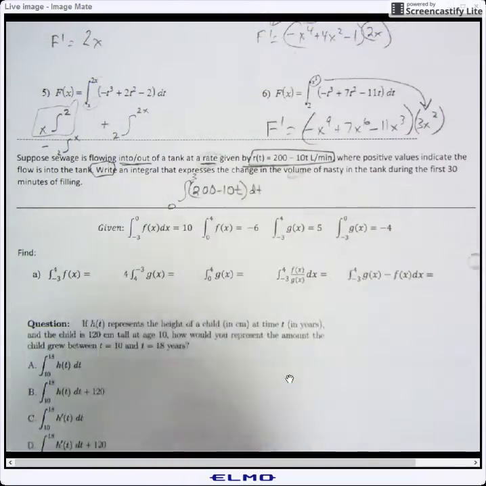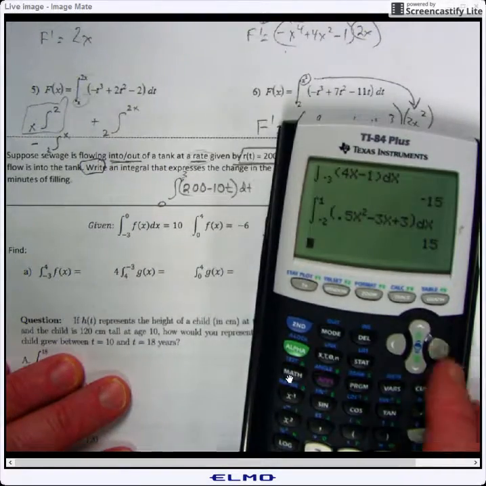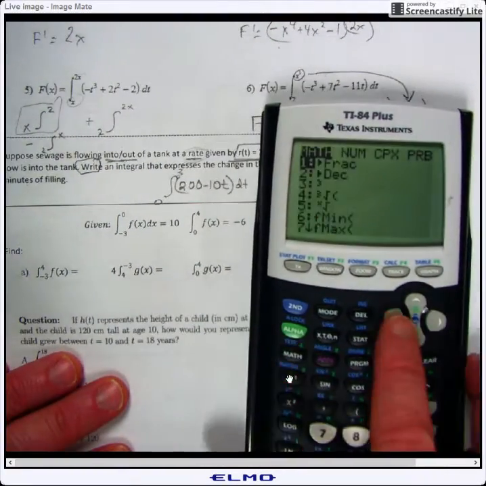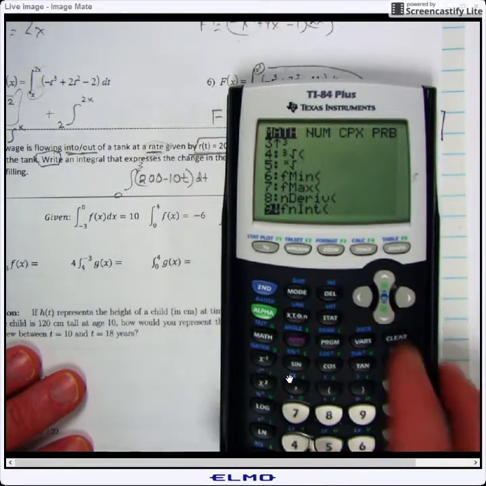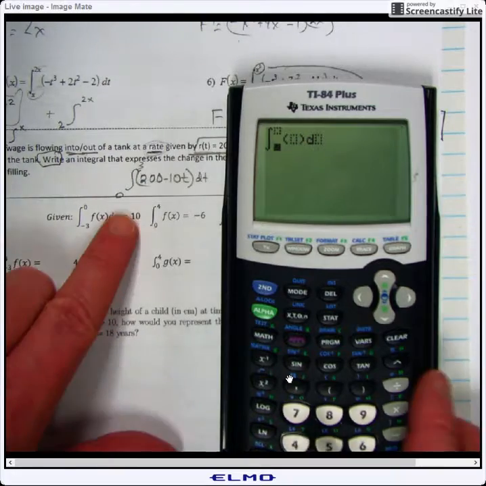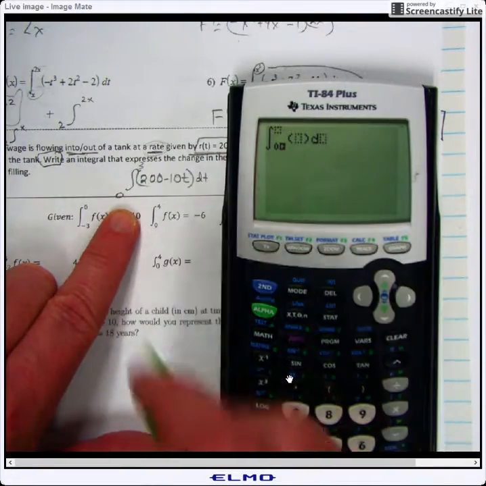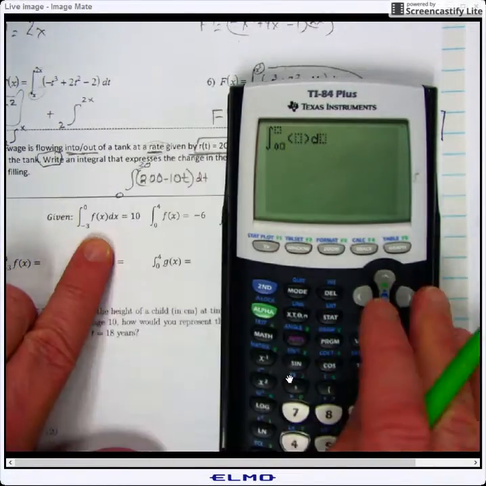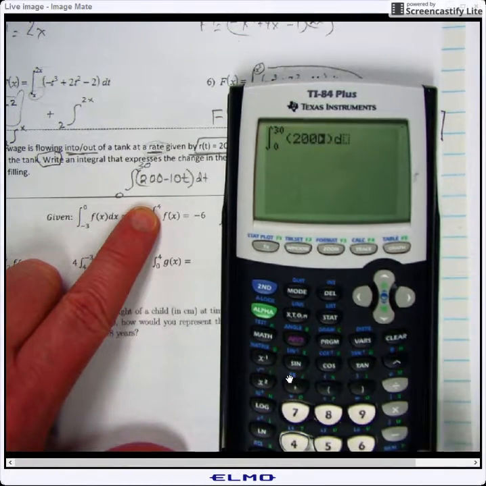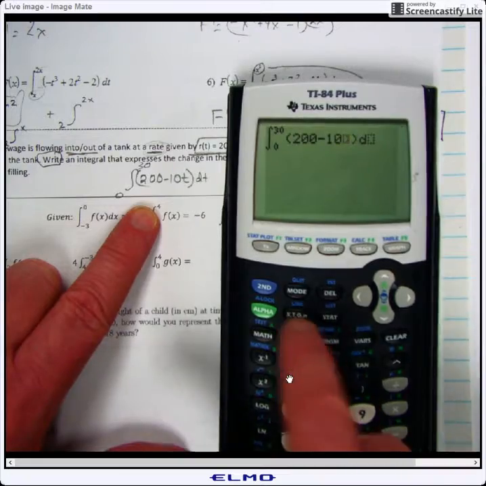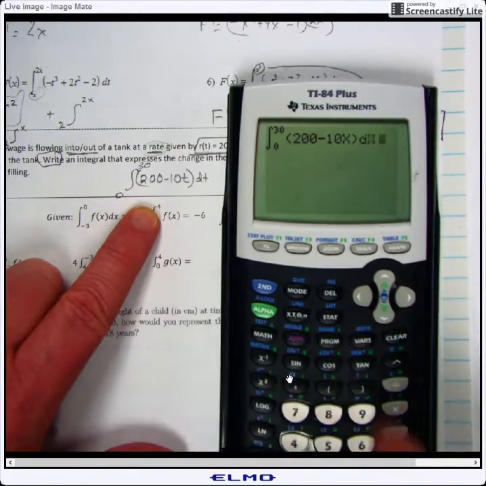Let's just see. I just want to know, is the nasty increasing or decreasing? It's just kind of curious because I took this problem off of the World Wide Web, and I edited it, of course. The integral from 0 to 30 of 200 minus 10x dx.